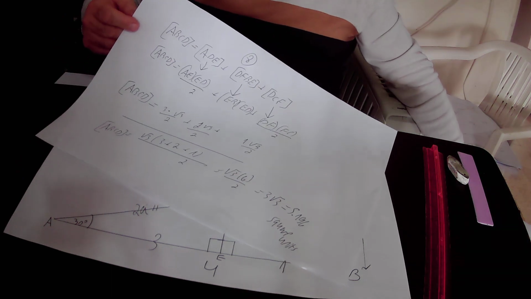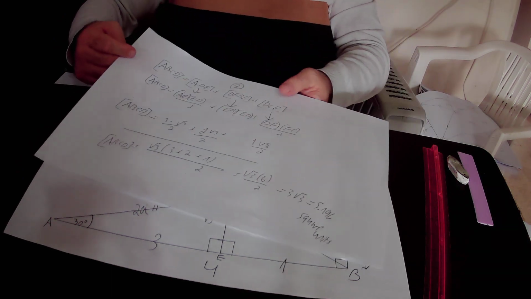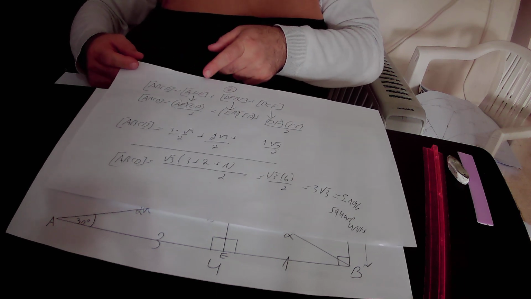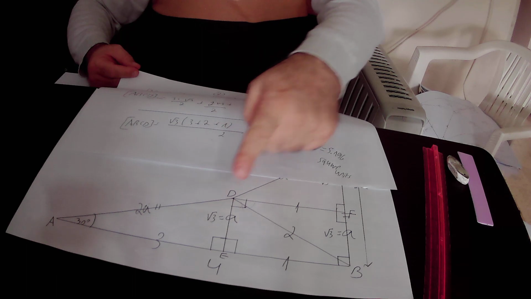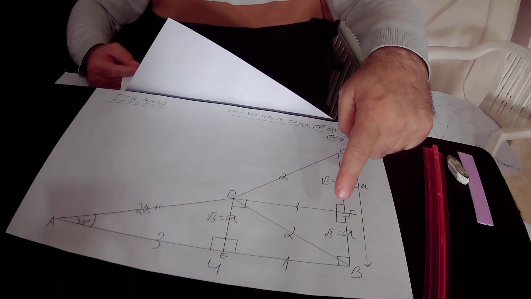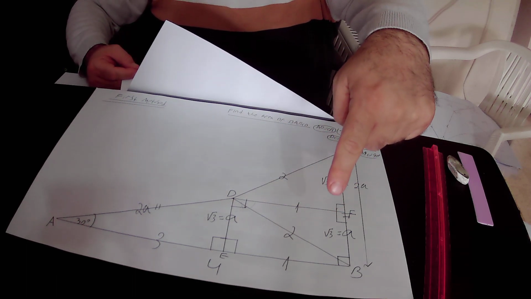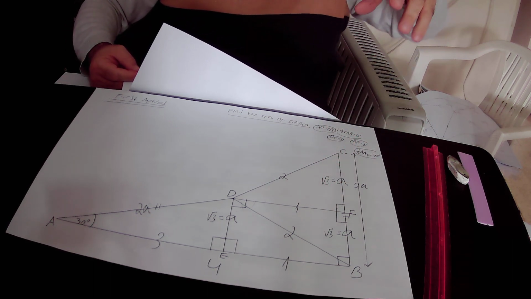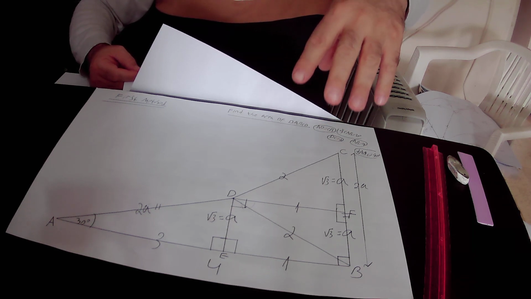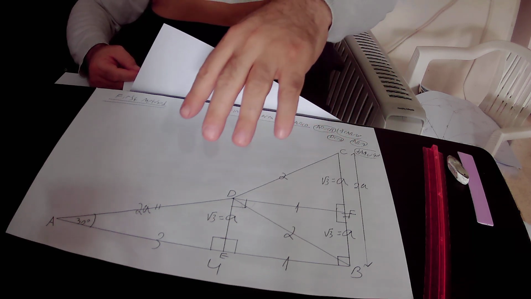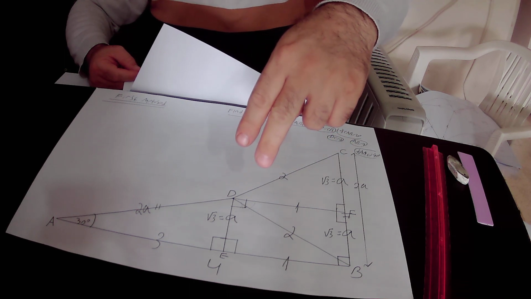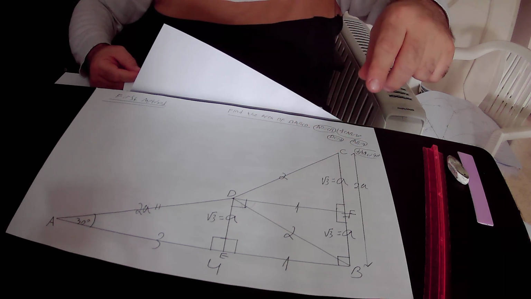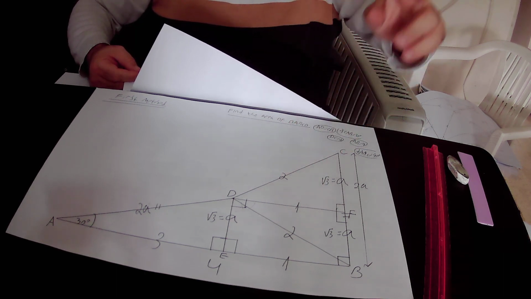Actually, the area of quadrilateral ABCD equals the area of triangle ADE plus the area of rectangle DFEB plus the area of triangle DFC, because quadrilateral ABCD consists of two triangles, triangle ADE and triangle DFC, and also rectangle DFBE.